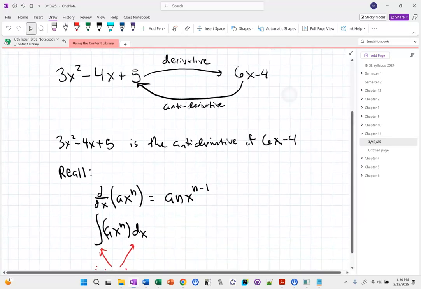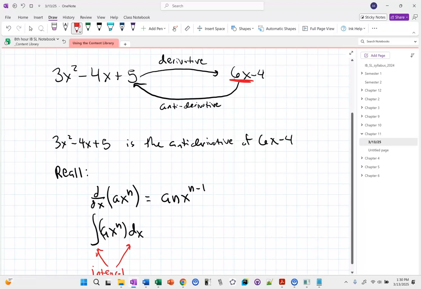Let's look at what we have to do to 6x to turn it into 3x squared. What do we have to do to the coefficient to go from 6 to 3? Divide by 2. What do we have to do to go from x to the first to x to the second? Add 1 to the exponent. That new exponent is 2, which is what we divided by.